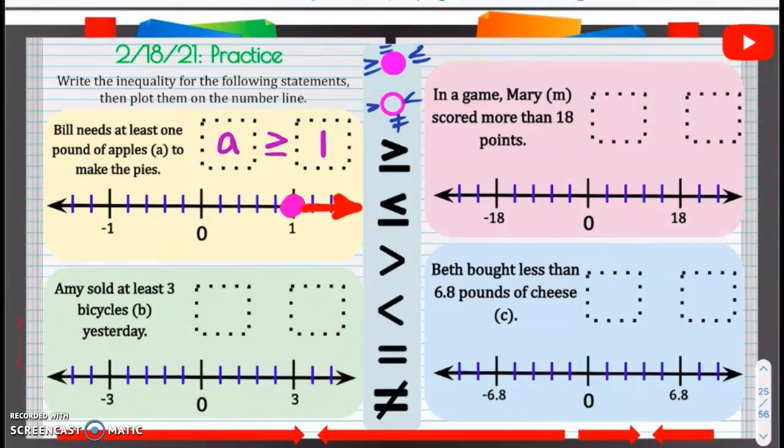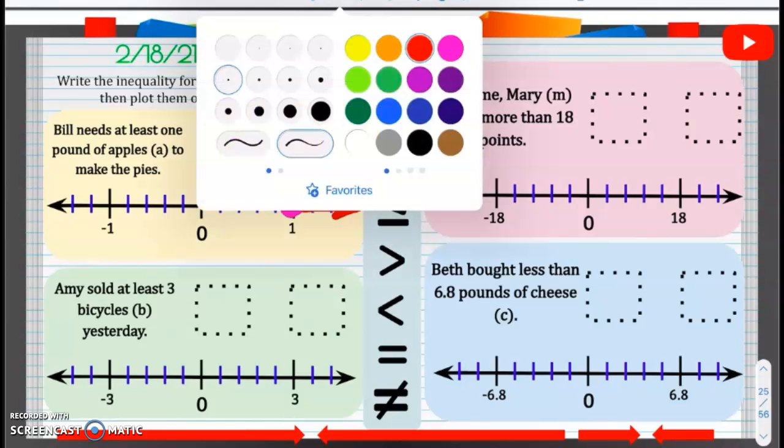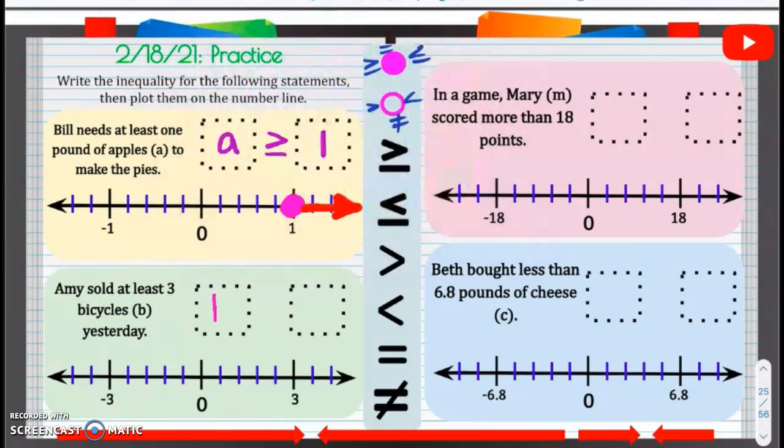Let's take a look at this next one down here. Amy sold at least 3 bicycles yesterday. So bicycles, 3. She sold at least 3 bicycles, so she could have sold 3, but she could also have sold more. So greater than or equal to 3, not less than that.